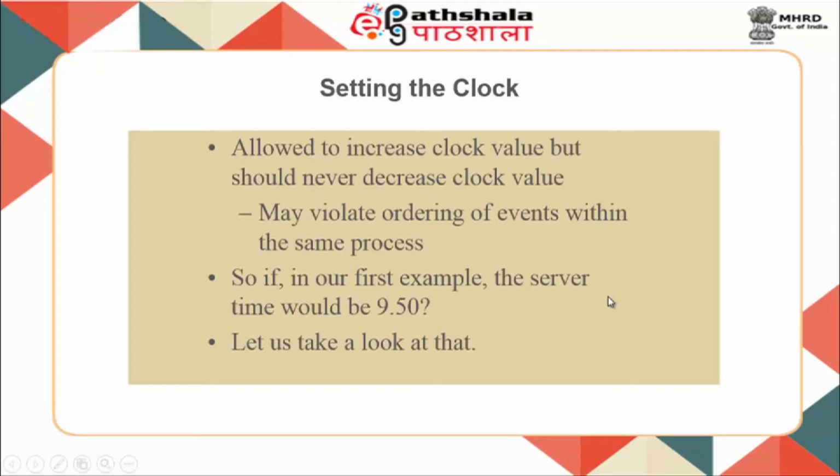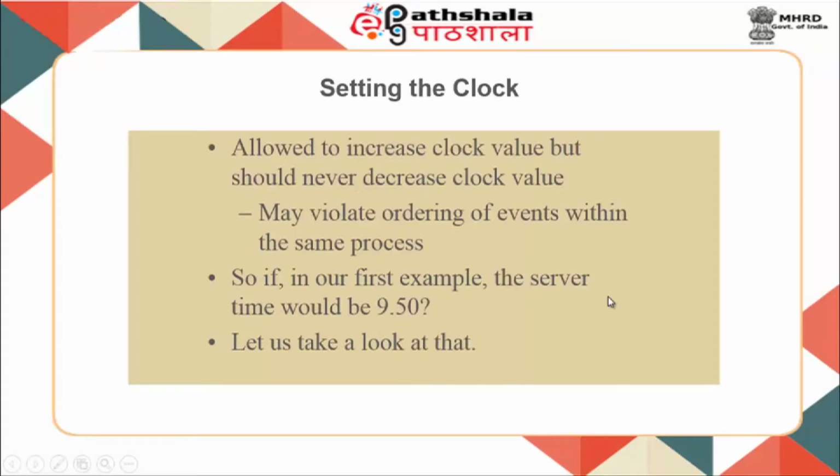Now, this is a big problem in setting a clock, because a golden rule in clock setting is that no clock should be set backwards. All clocks can only go forwards. A very simple example of why we should not set our clock backwards is make in Unix.